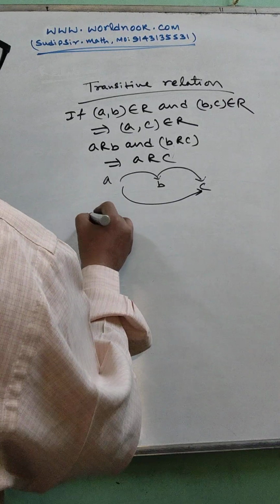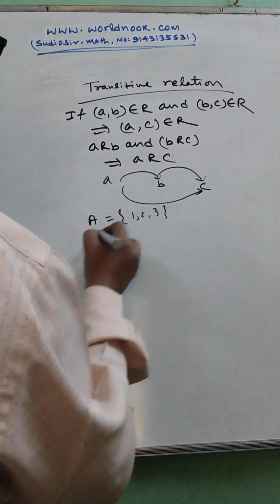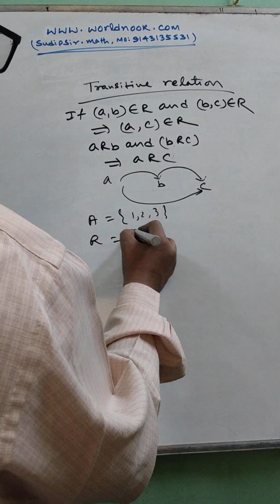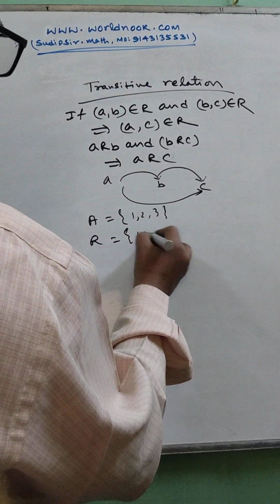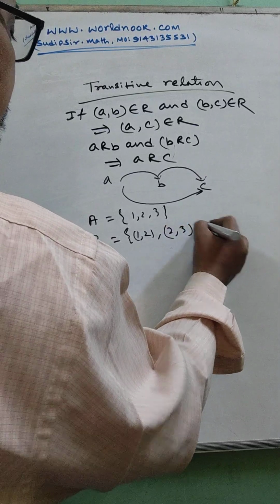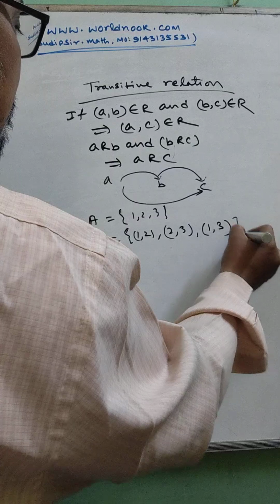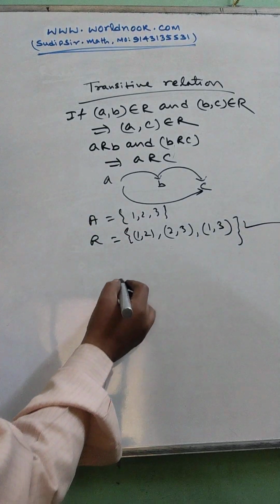For example, if A equal to {1, 2, 3} and one relation is like (1, 2), (2, 3), and (1, 3). This (1, 3) must be present. Then it will be a transitive relation.